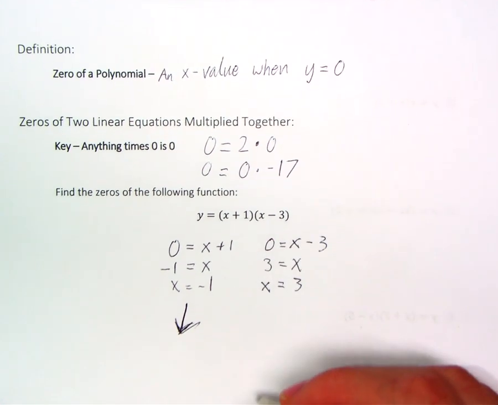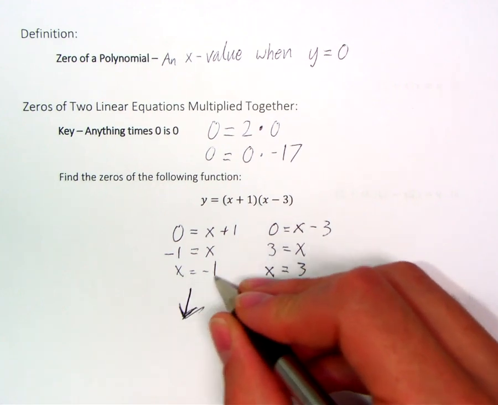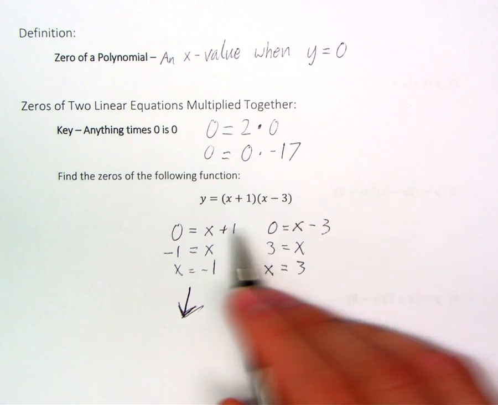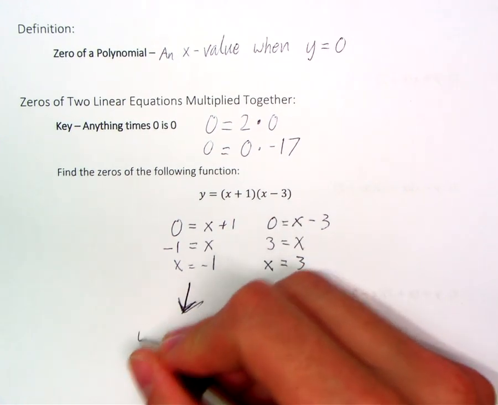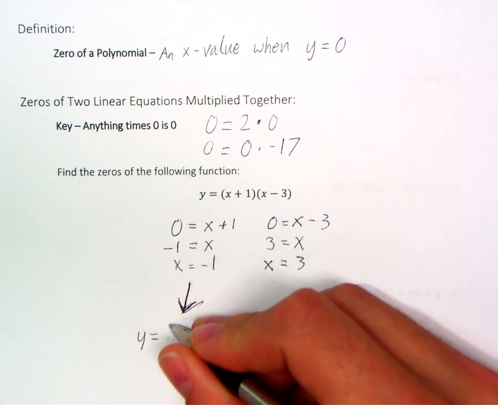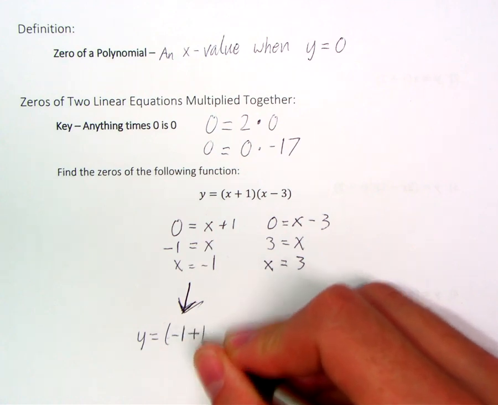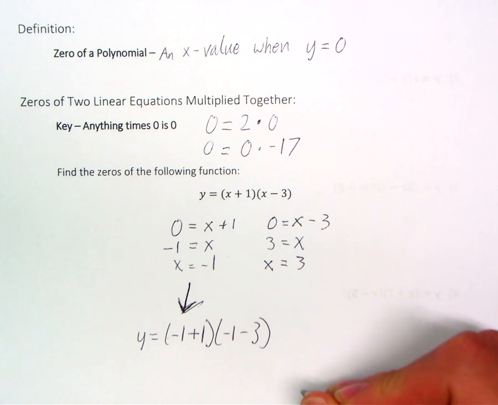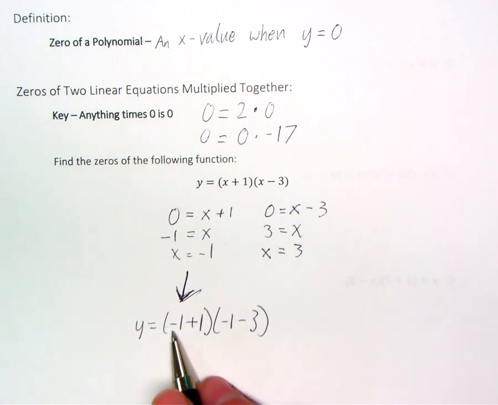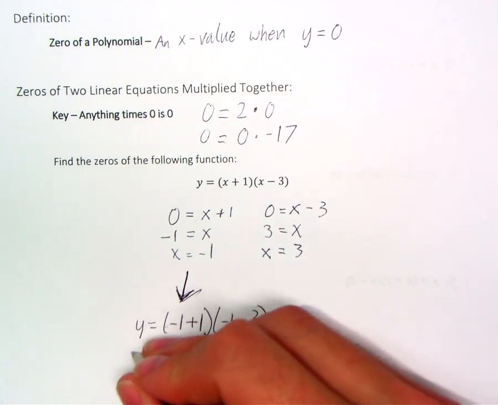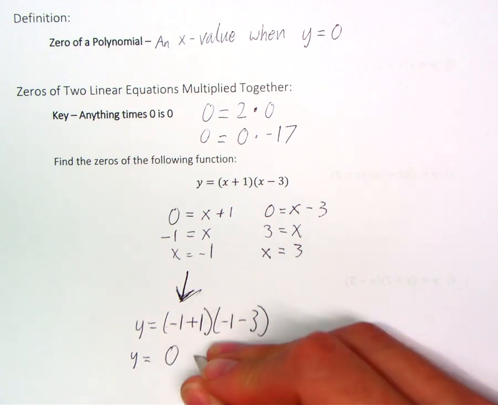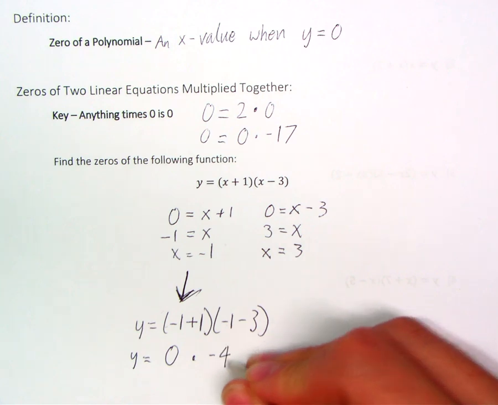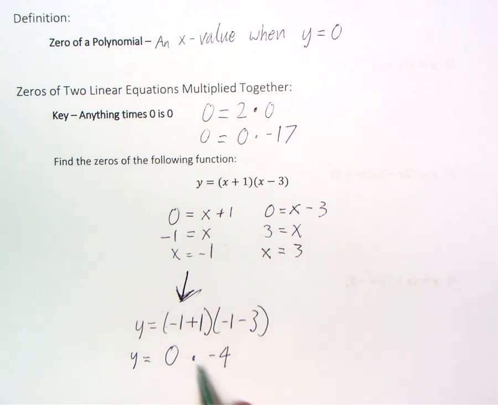So let's say x is equal to negative 1. If x is equal to negative 1, then this whole equation becomes y is equal to negative 1 plus 1 times negative 1 minus 3. But we know that negative 1 plus 1 is just 0. Negative 1 minus 3 is negative 4, but that doesn't even matter because we've already got 0 times something.